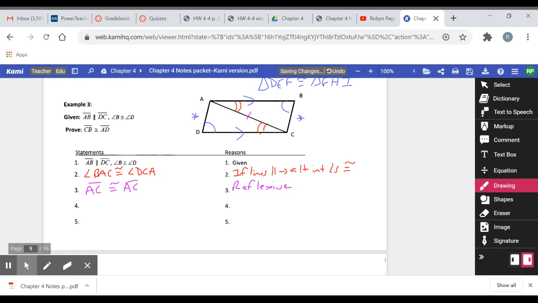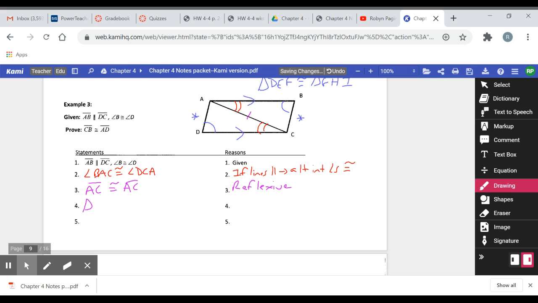And then now look at your picture and think, can I say the triangles are congruent now? Yes, I can. Again, those parallel markings do not mean congruent, so don't get confused by that. Those little stars don't mean congruent. That just means where we're trying to get to by the end. So I'm really just looking at my blue angles, my red angles, and my purple side marking to determine that. So I'm going to say my triangles are congruent.